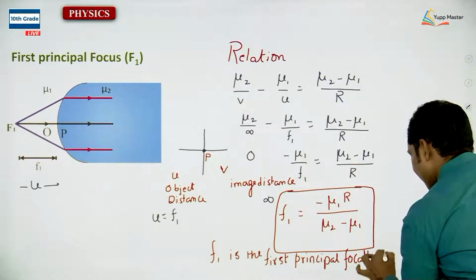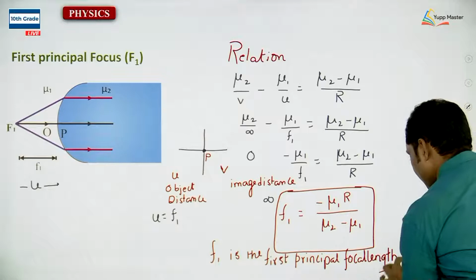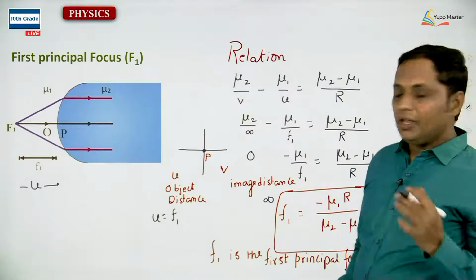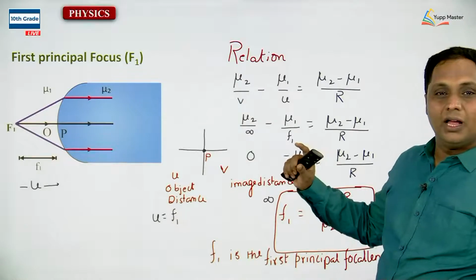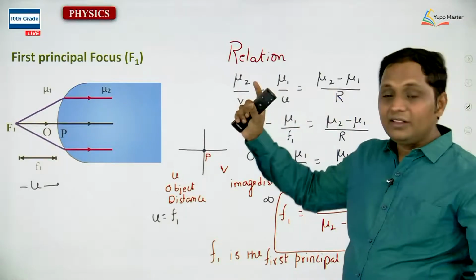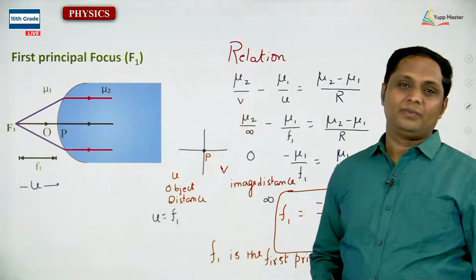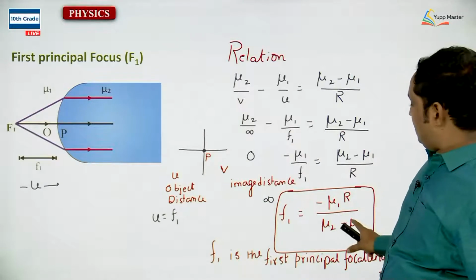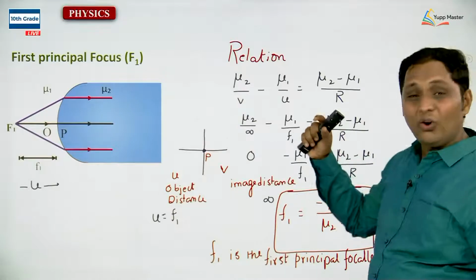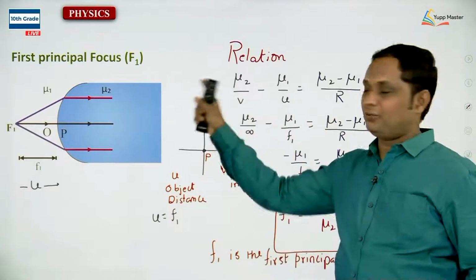Yes. Can you say F1 is negative for the convex refracting surface, that is, a single convex refracting surface, we are going to take that one.